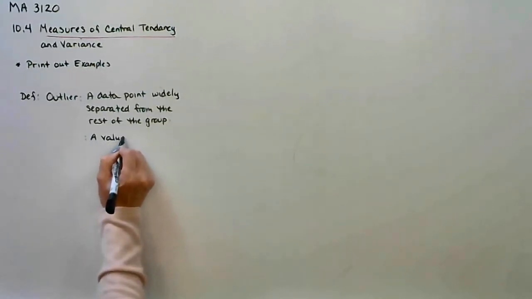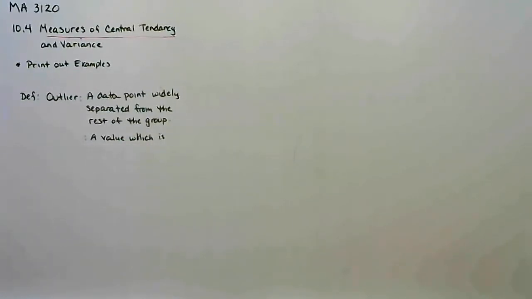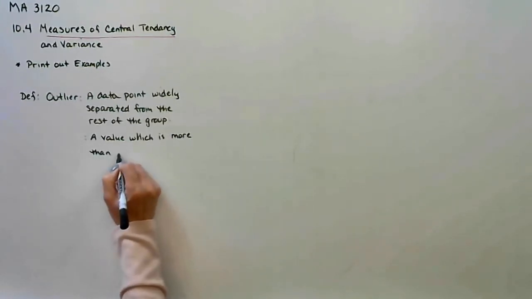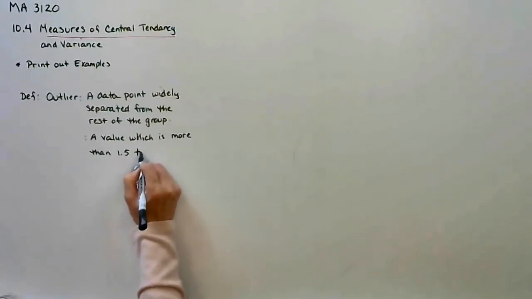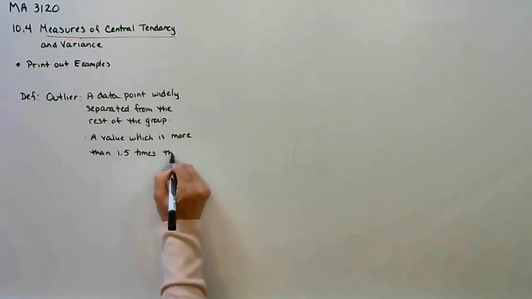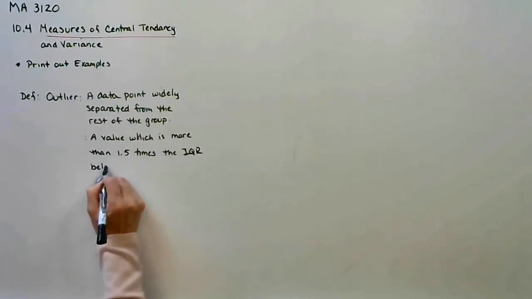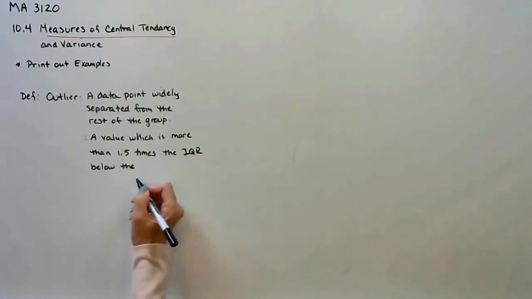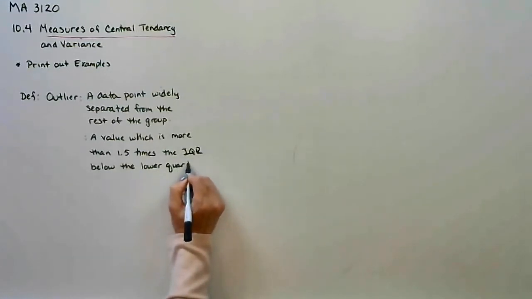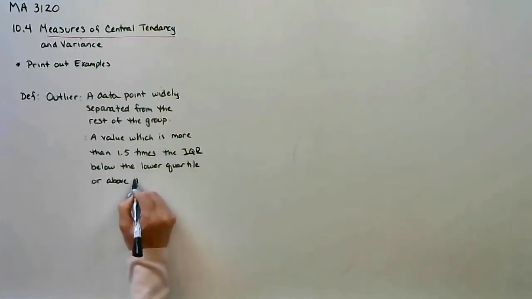It's a value which is greater than 1.5 times the interquartile range below the first quartile, or the lower quartile, or above the upper quartile.